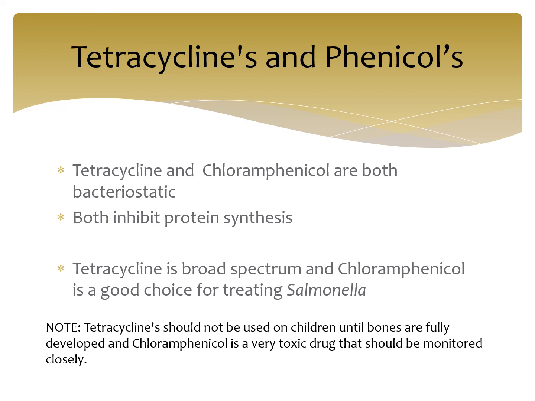Chloramphenicol is a really good antibiotic to use for salmonella, but most of the time salmonella in adults is self-limiting and we don't treat that with antibiotics. However, in cases of people that are immunosuppressed or kids under the age of 18, if they have a case of salmonella, the doctor may prescribe chloramphenicol. We just want to avoid putting our host into a carrier state.